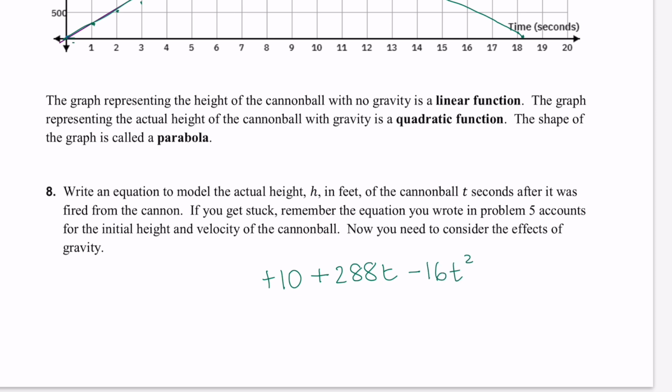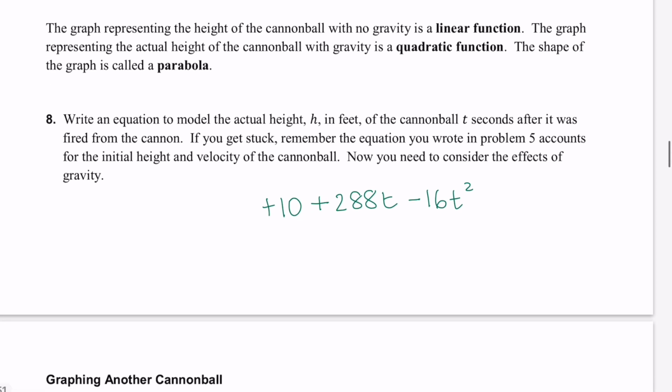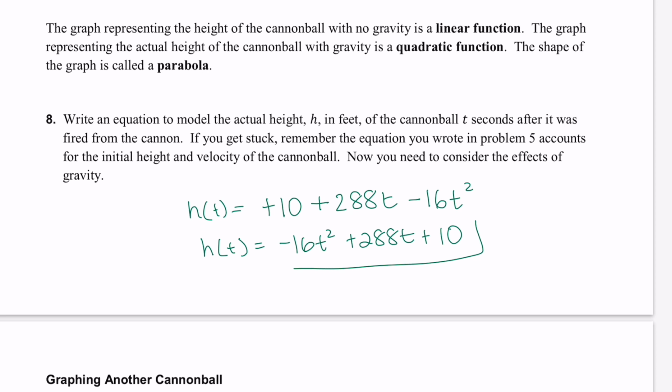So instead of counting how far it went, we're going to subtract that number from the 10 plus 288t. Okay, so this is our height in terms of time. Now, if we wrote this in standard form, remember we put the highest power first. H of t equals negative 16t squared plus 288t plus 10. So this would be the equation of the cannonball.